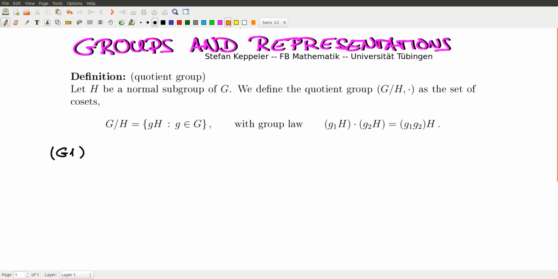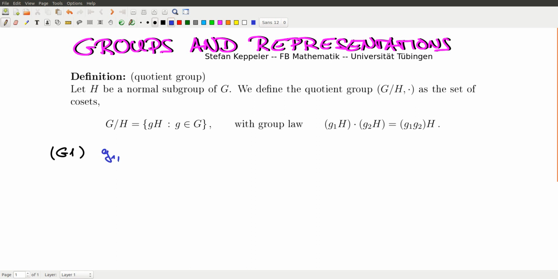In this definition, we took the quotient of a group, modulo its normal subgroup, and gave this quotient the structure of a group again by means of this group law here. So let's check that this is actually a group. What about closure?